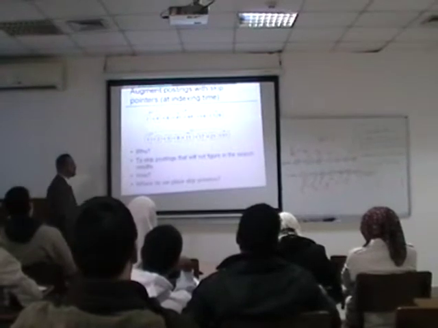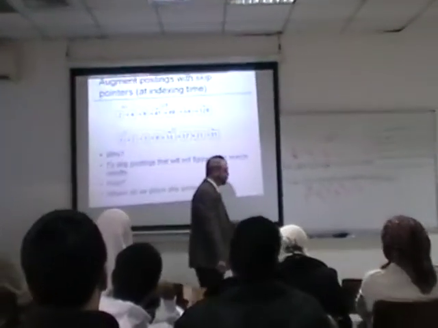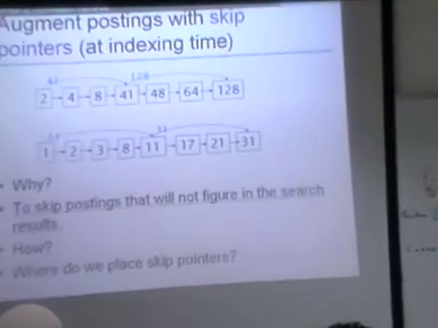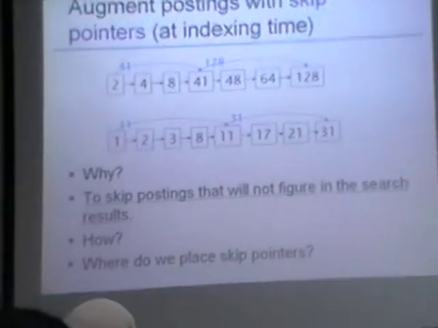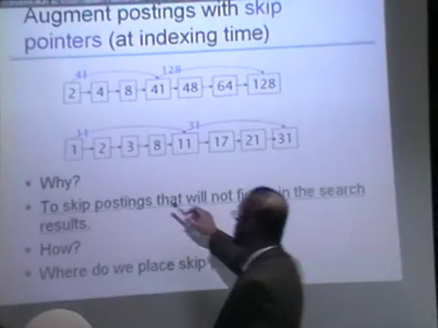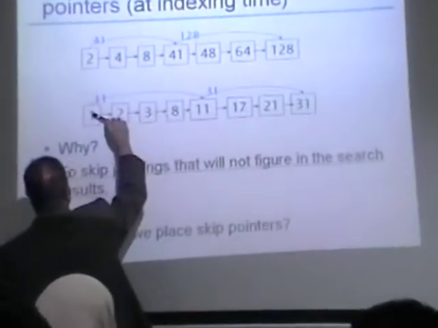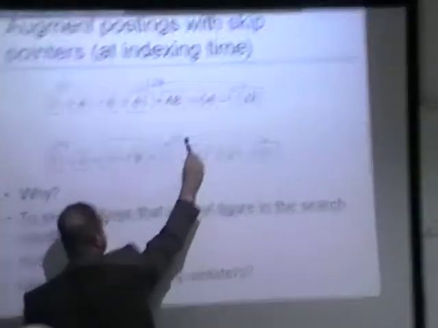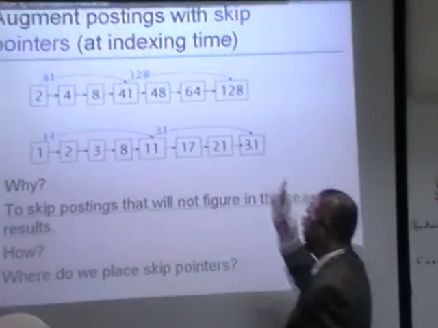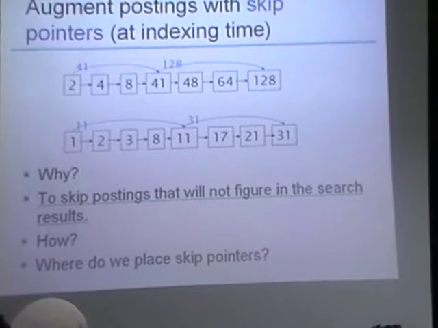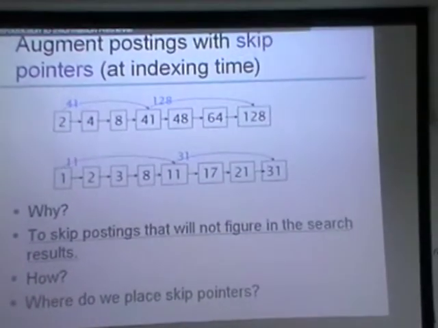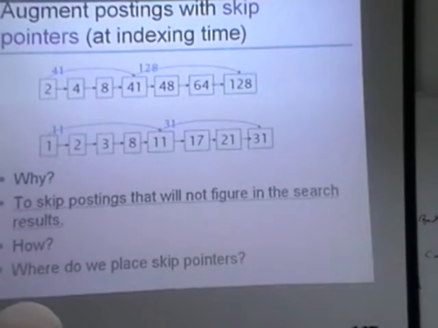Now this is an inverted index with skip pointers, not only next pointers, but in addition to the next pointers we have these skip pointers, and similarly for the first list we have skip pointers. This is mainly to speed up the processing of the query.